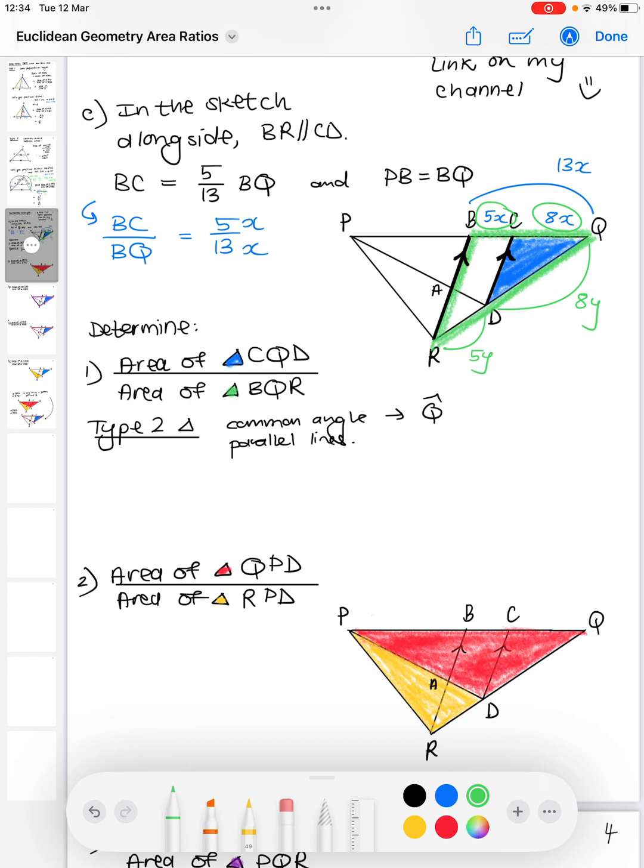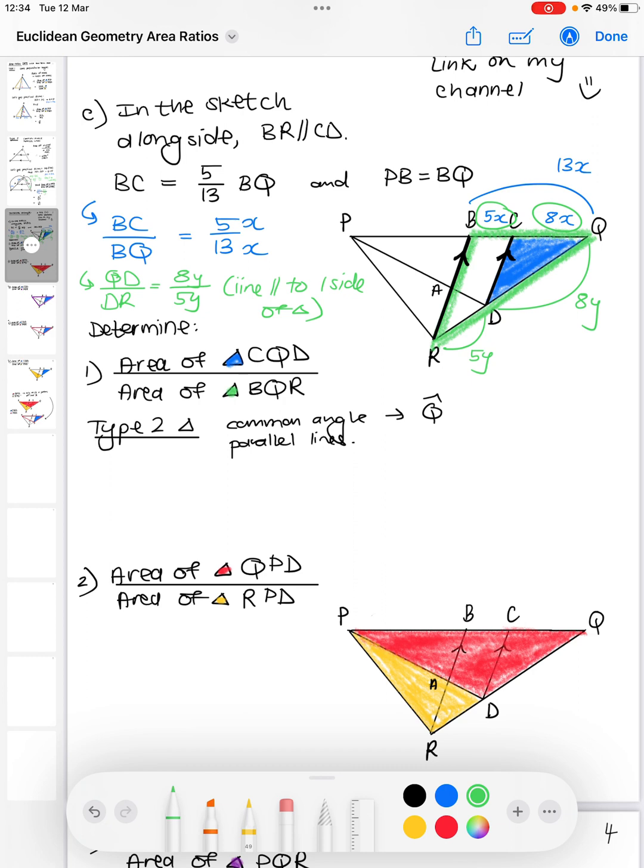I'd have to write that down more specifically and say, QD over DR is equal to 8y over 5y, line parallel to one side of triangle. Once I have that, I can proceed, because I've now provided a reason that I can use throughout the rest of the question.